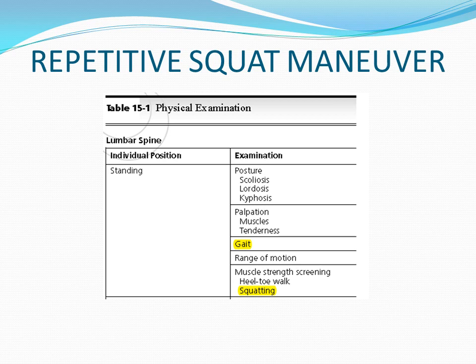The AMA guides also describe the repetitive squat maneuver, and we're going to see the same pattern repeated here as we saw with the heel and toe walk maneuver. The repetitive squat maneuver is a functional maneuver that requires good strength and good function of the entire lumbar spine and the entire lower extremities, which should be verifiable and should be consistent throughout the remainder of the physical examination.